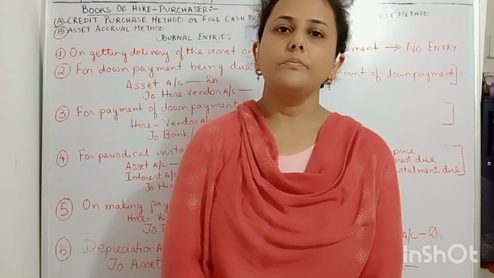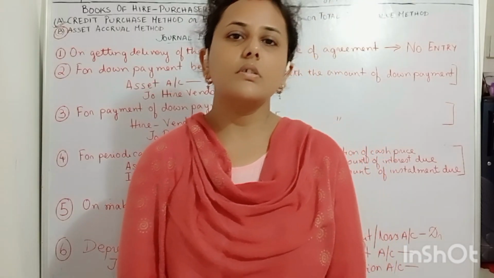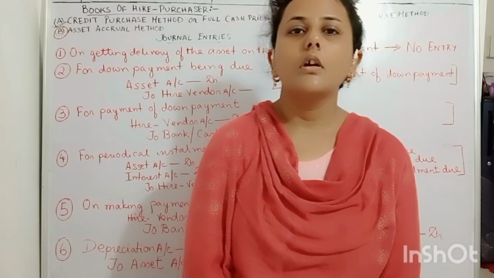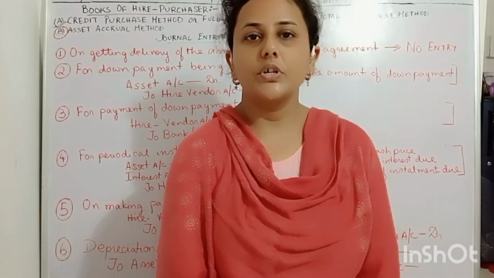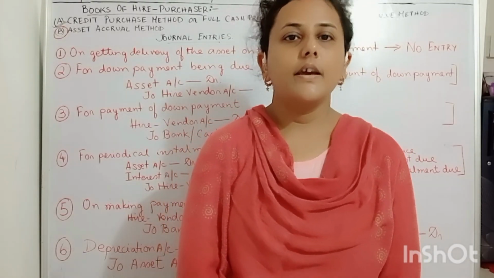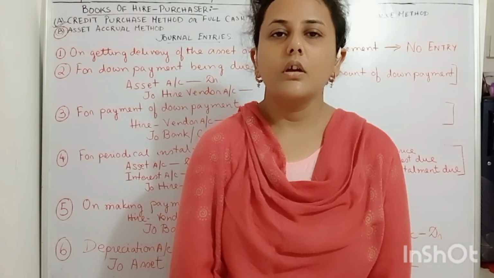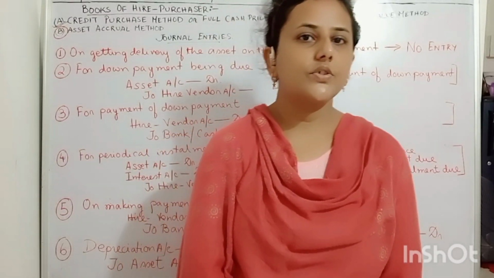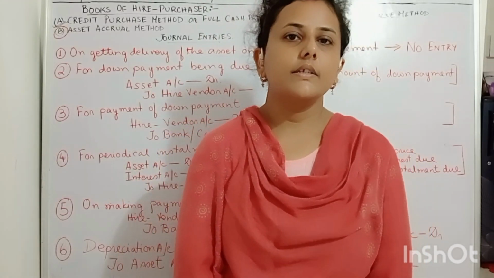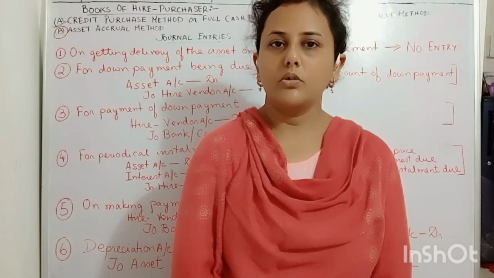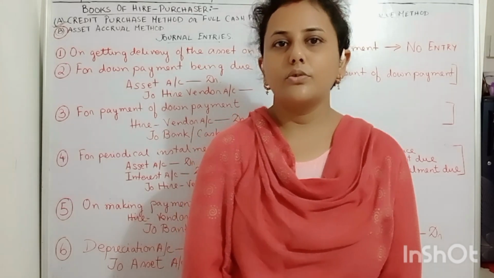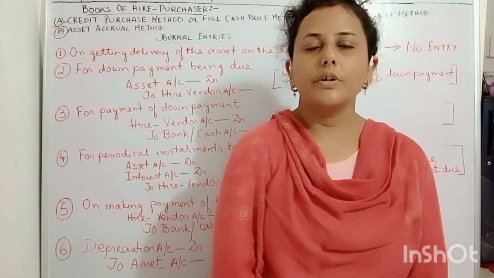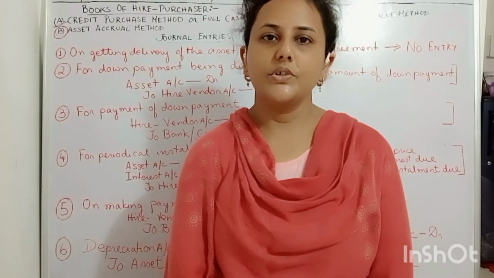Okay, so today I'm going to discuss the journal entries in the books of hire purchaser under asset accrual method. Yesterday, in my last video, I did the full cash price method, the first method of recording journal entries in the books of hire purchaser.